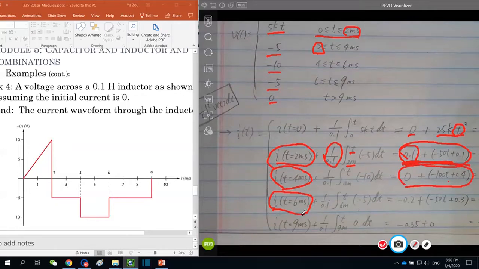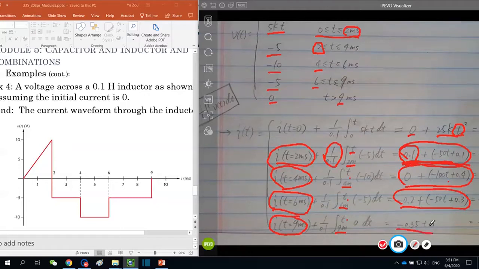Same thing here. And inside the integral, the lower limit is always the starting moment for that particular time window: 4, 6, and 9. Upper limit, t. The rest is purely calculus.